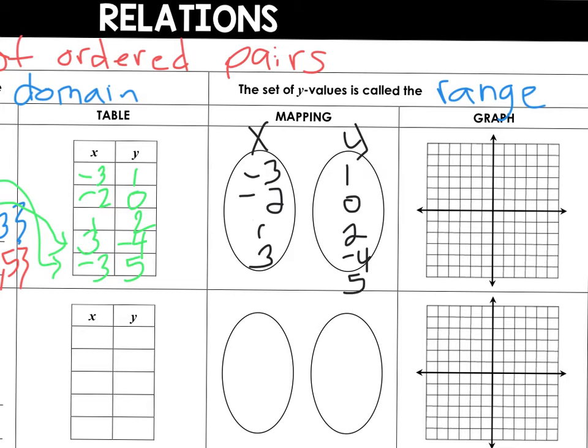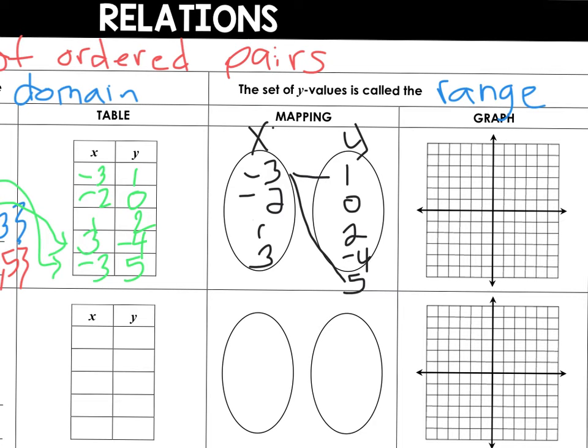And then I'm just going to have you draw lines from the x value to the corresponding y value, right? So super easy. -3 goes to 1, right? But -3 also goes to another number. And what is that? 5.